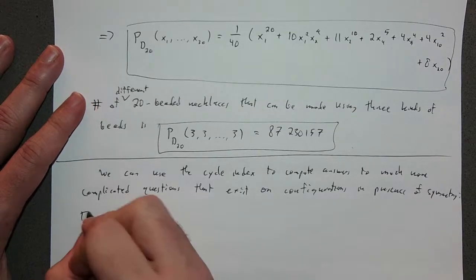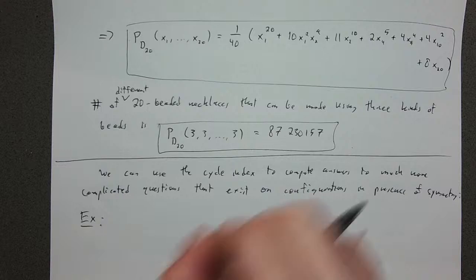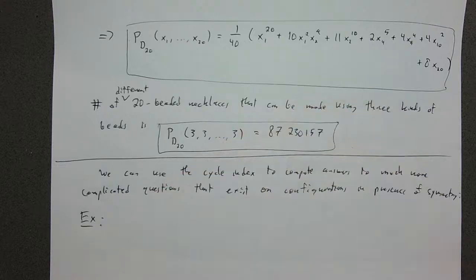So, for example, suppose we need to determine the number of equivalence classes of colorings of n objects using m colors, where I specify a color occurs exactly some precise prescribed number of times.